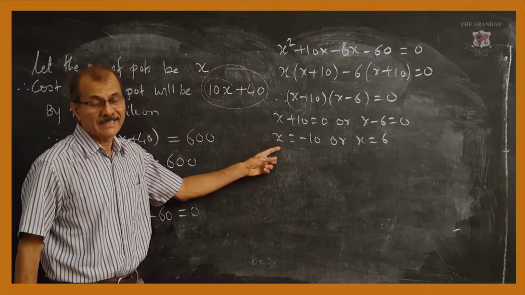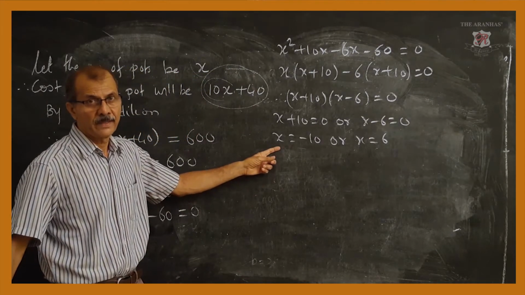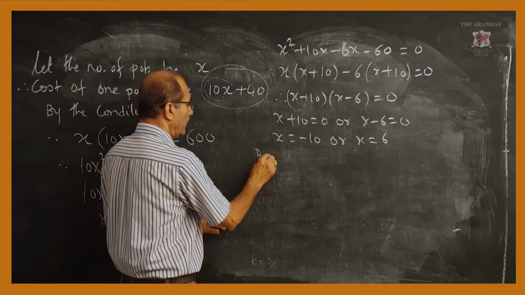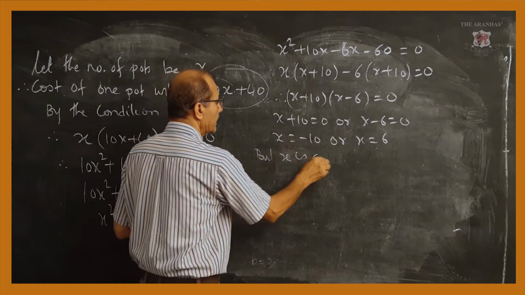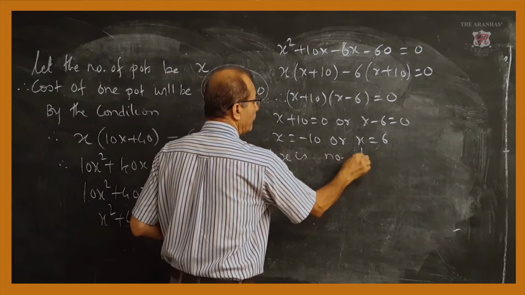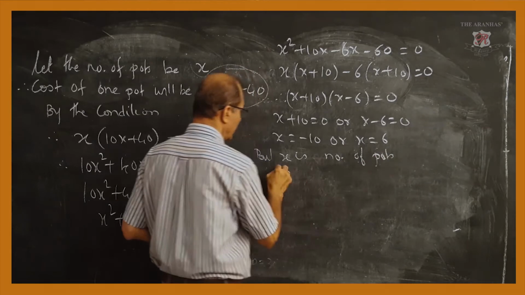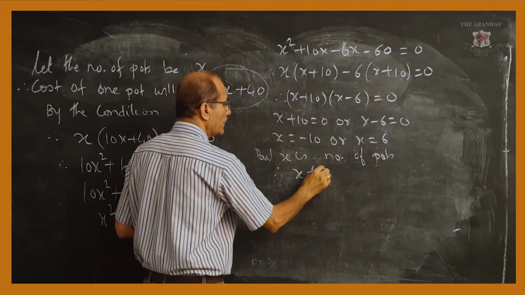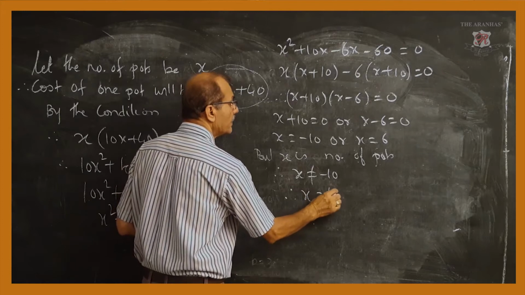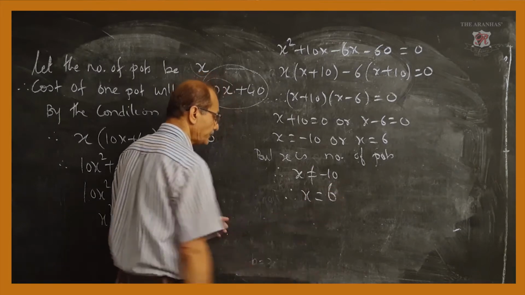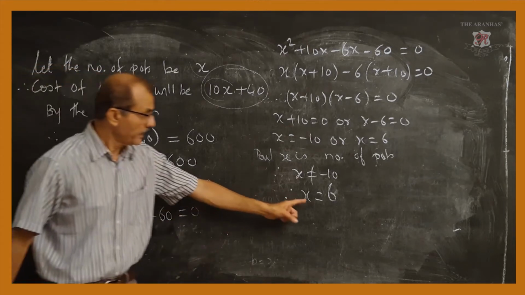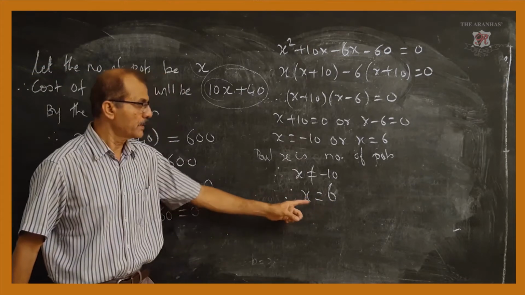But x is the number of pots, therefore x is not equal to minus 10. Therefore x is equal to 6.